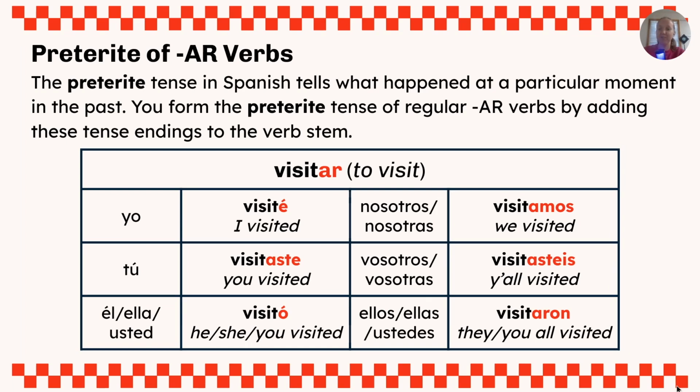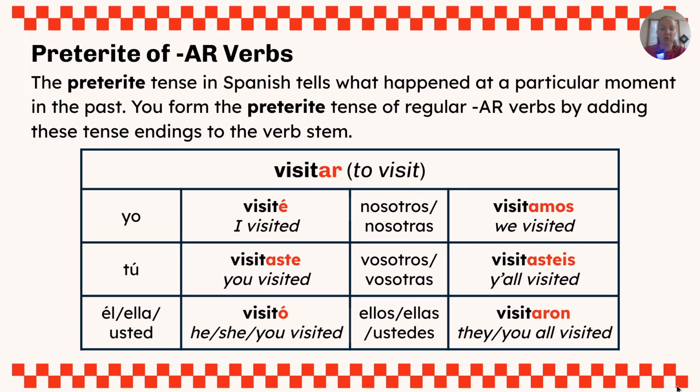I visited. In the tú form, we have visitaste, you visited. In the él, ella, and the usted form, we have ó, with an accent. Visitó, he, she, you visited. In the nosotros or nosotras form, we have visitamos, we visited.